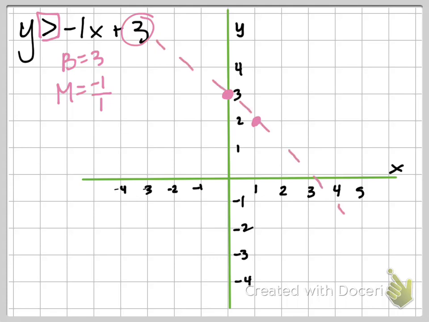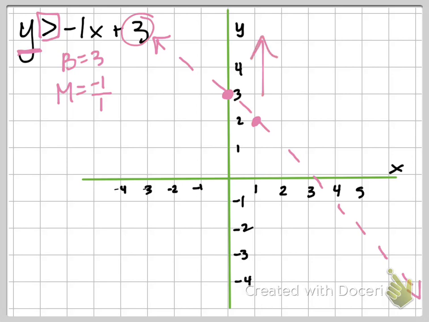Now, this is where the tricky part comes into play, because you've got to figure out, where do I shade? Because y is over here by itself, I always look at the y-axis when it comes time to shade. If it says y is greater than, I'm always going to shade looking at the y-axis, which direction the numbers are going bigger on the y-axis.